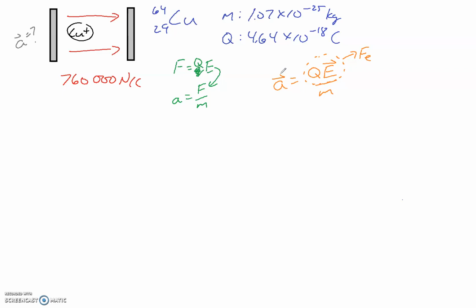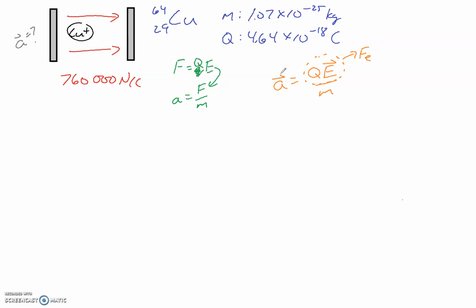So we've got the charge. We found that in coulombs, that's that 4.64 to the power of negative 18. That is our charge. We multiply that by the E of 760,000 newtons per coulomb, which would give us our force, which is around 3.5 times 10 to the negative 12. And then we'll divide that by the mass that we found right away, the 1.07 times 10 to the power of negative 25.